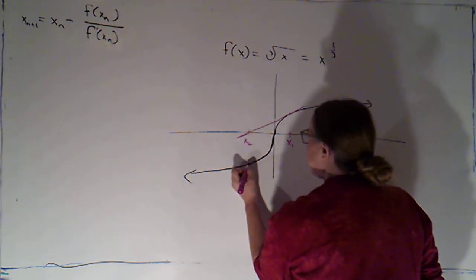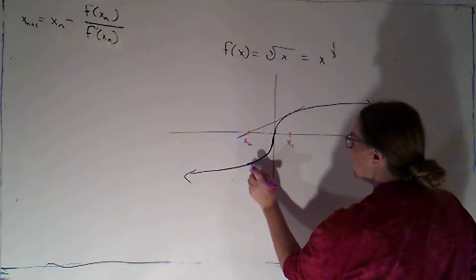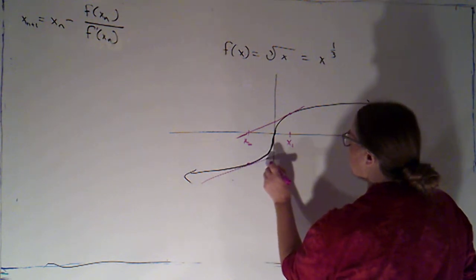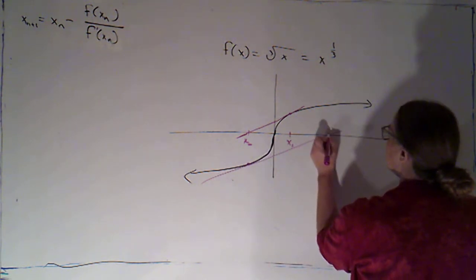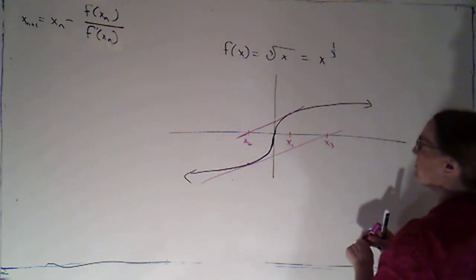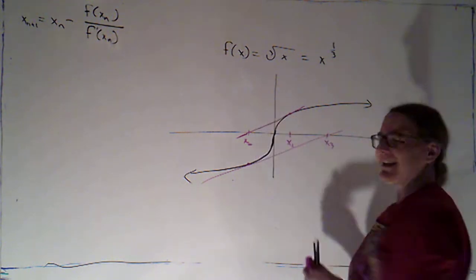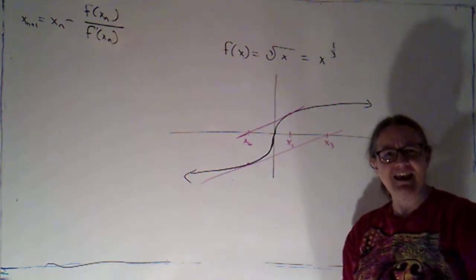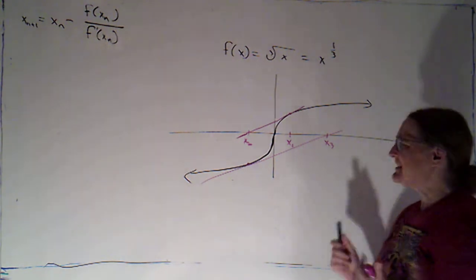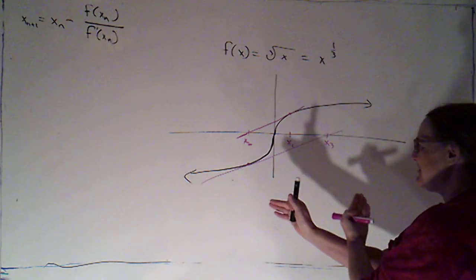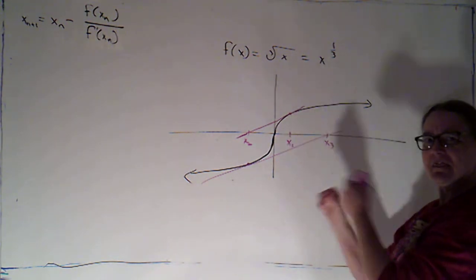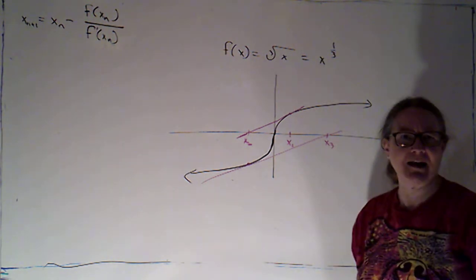And then I'd do that again. So I'd come to this point, and I'd follow this tangent line until I'd hit x3. That looks like it's even farther away than x2. So instead of my points getting closer to the root, they're getting farther and farther away.